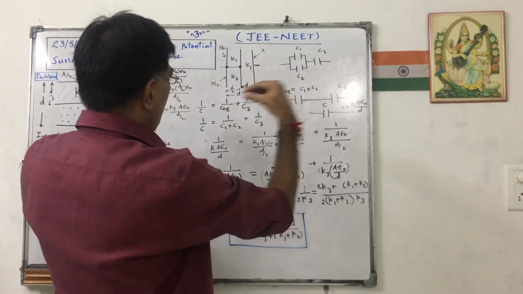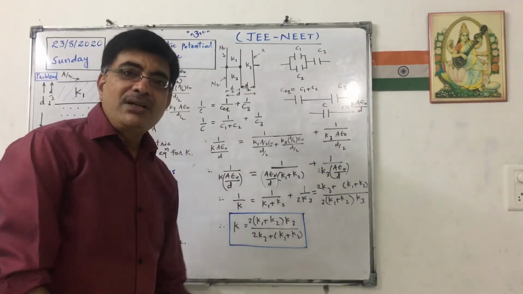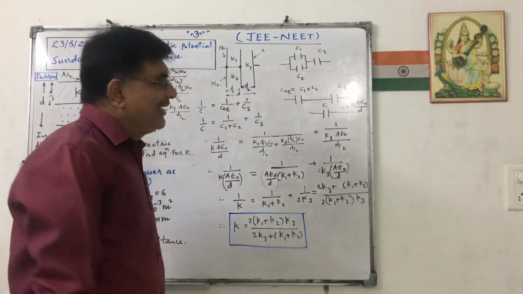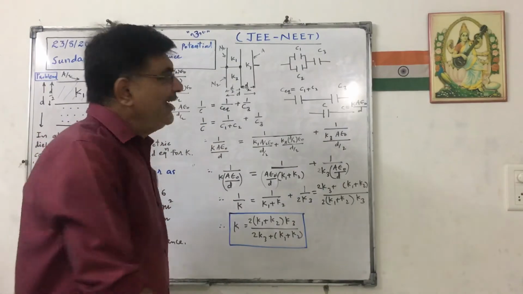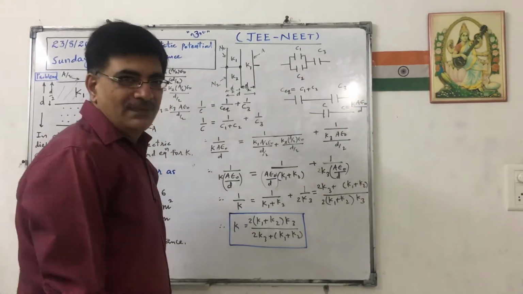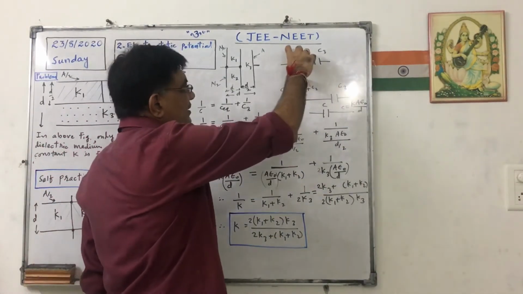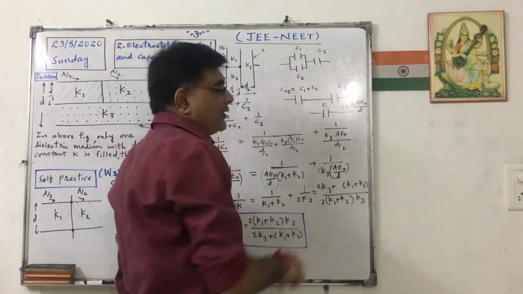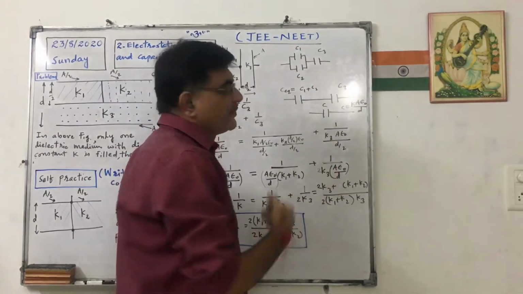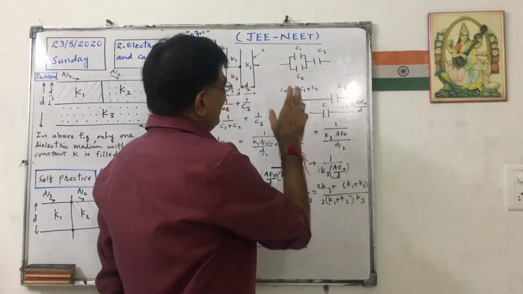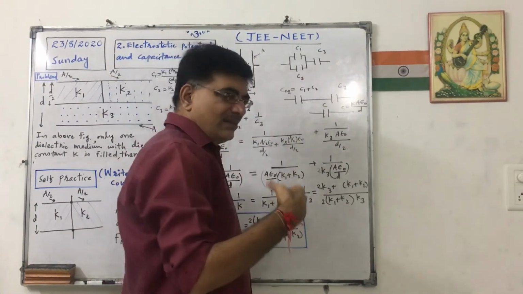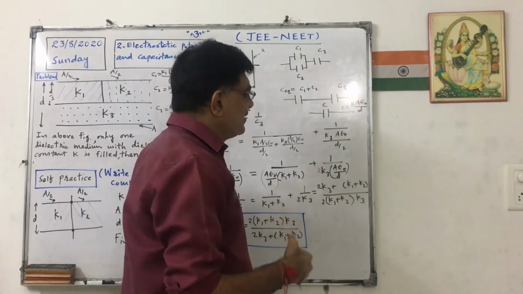And this is called series because it is in sequence, so that is C3. The parallel combination will have equivalent capacitance equal to C1 plus C2, and this is C3. Suppose the final equivalent capacitance is C.